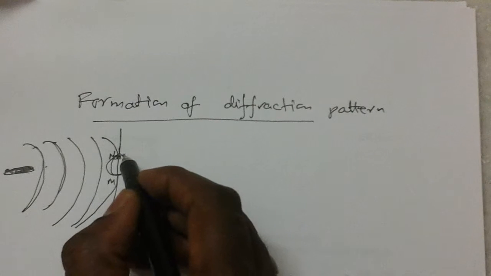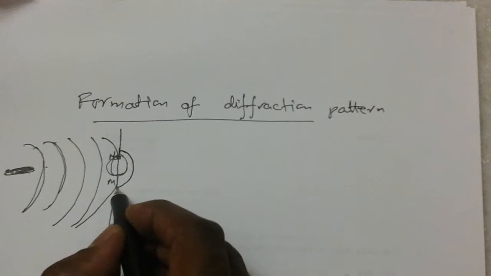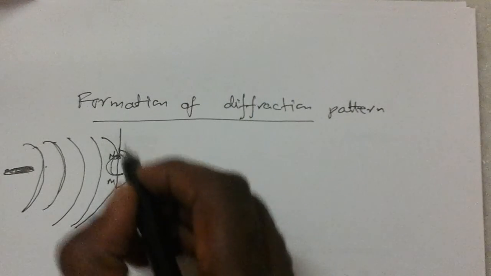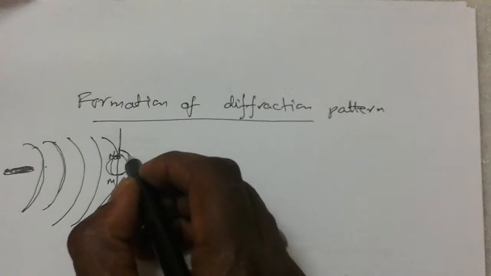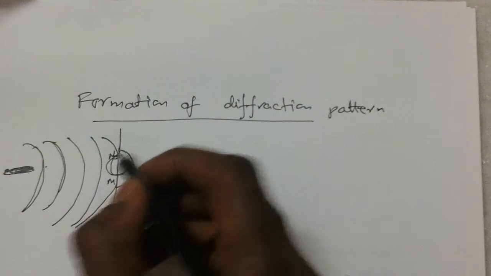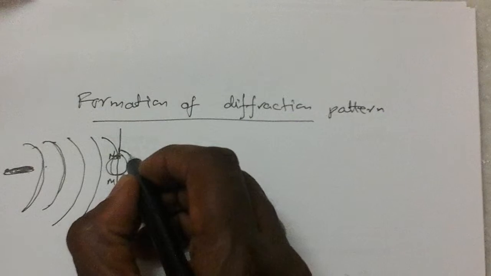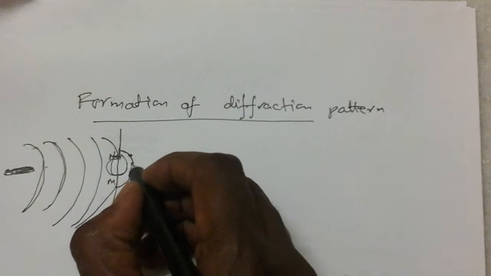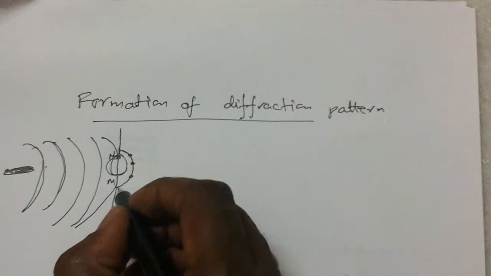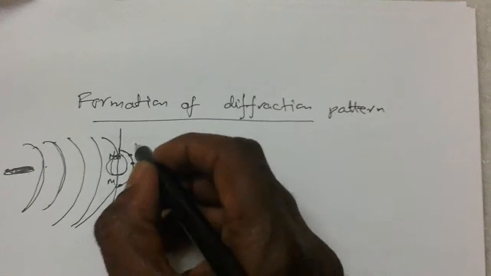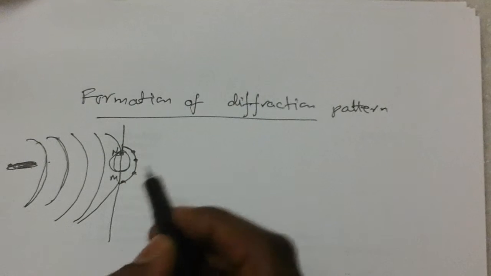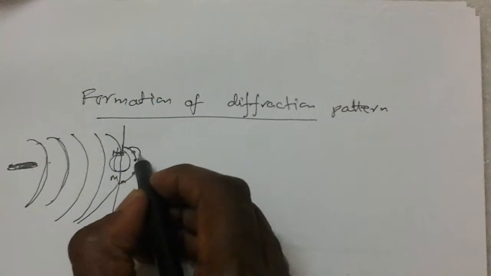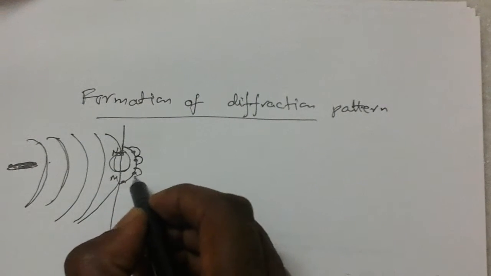After falling, spherical wavefronts emerge out from the slit like this. From this slit we again get a spherical wavefront. On this spherical wavefront there are so many points, and each point acts as a secondary source of light.